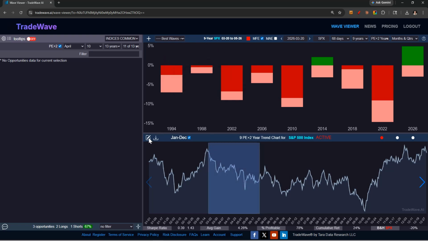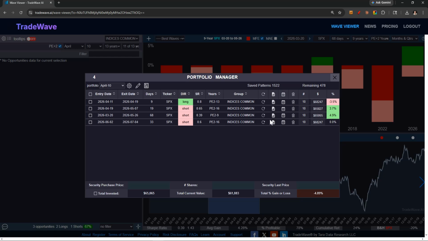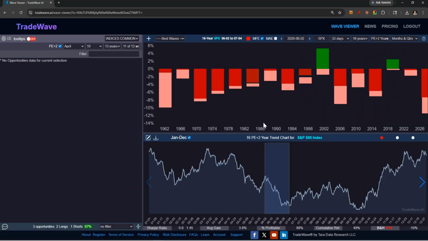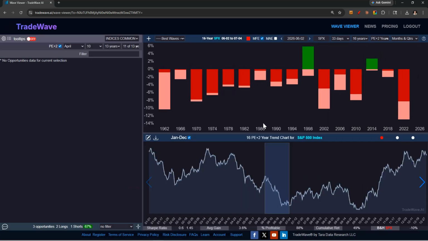But let me show you the next down cycle. Look at that one. That one goes all the way to 1962. 88% repeatability from 2nd of June until July 4th.